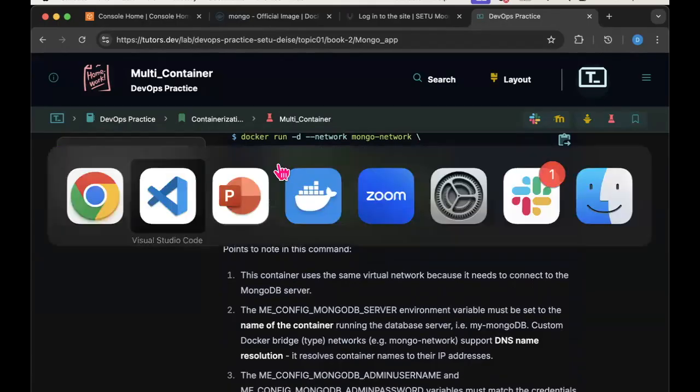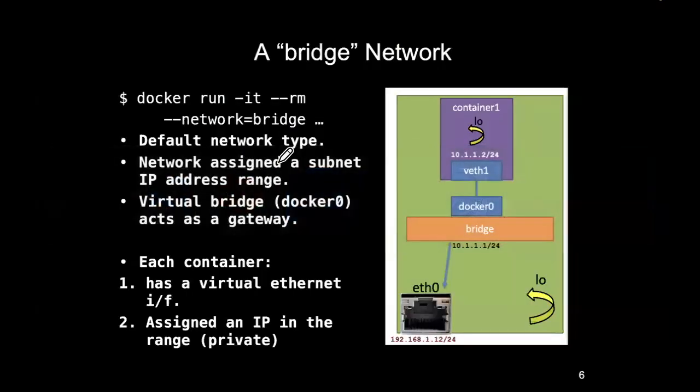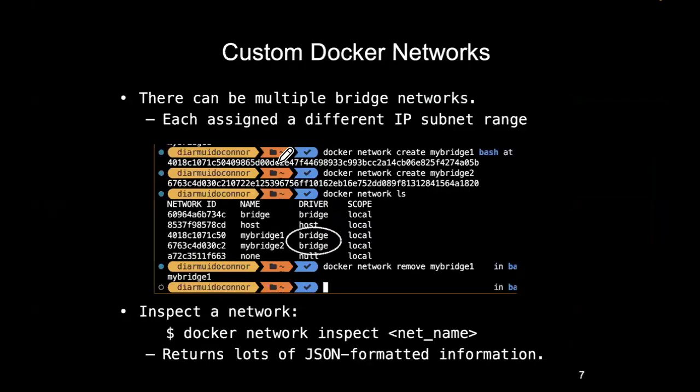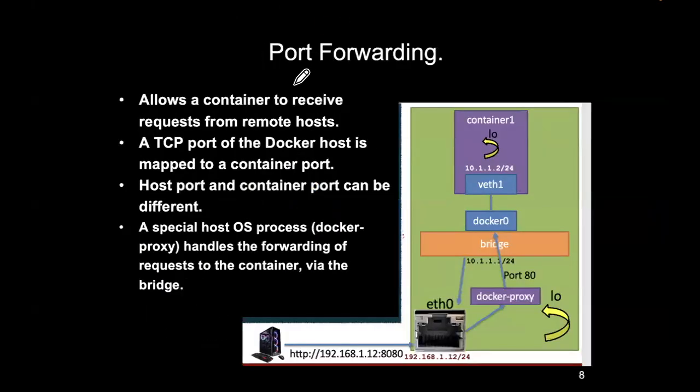Just to go back to the slides, there is one slide. We already know about it really, but it's this idea of port forwarding, which I was talking about yesterday, and this slide covers it formally. Port forwarding is also referred to as port publishing. I'm saying here it allows a container to receive requests from remote hosts.